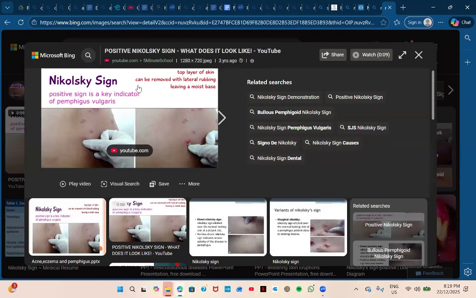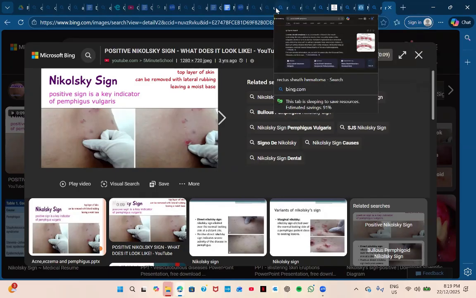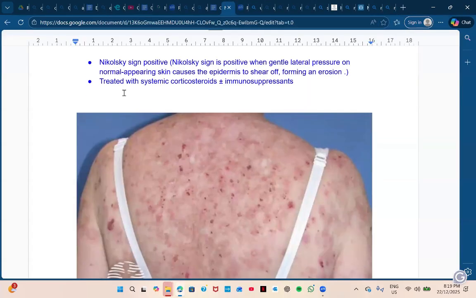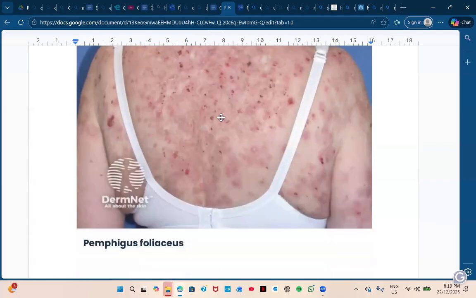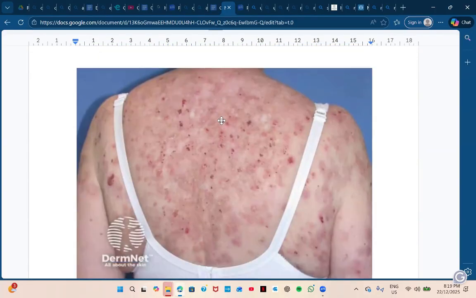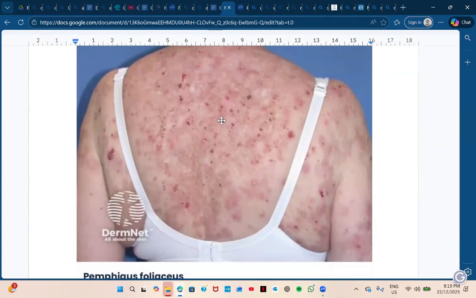The top layer of skin can be removed with lateral rubbing, leaving a moist base. It is positive here. It is treated with a systemic corticosteroid with or without an immunosuppressant. This is the DermNet picture for pemphigus foliaceus. This is how it appears. This is an autoimmune disease.